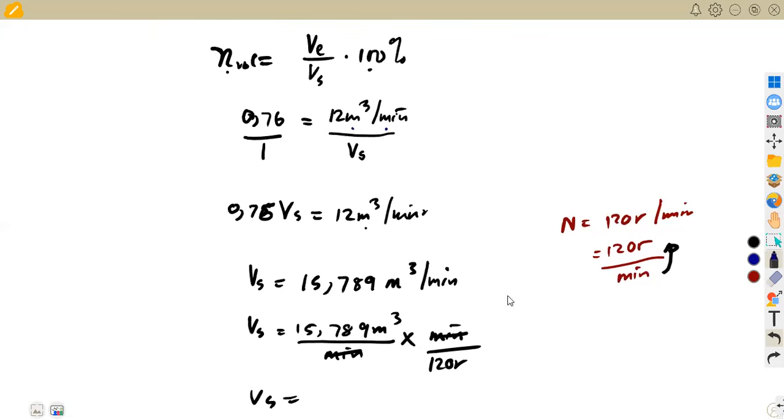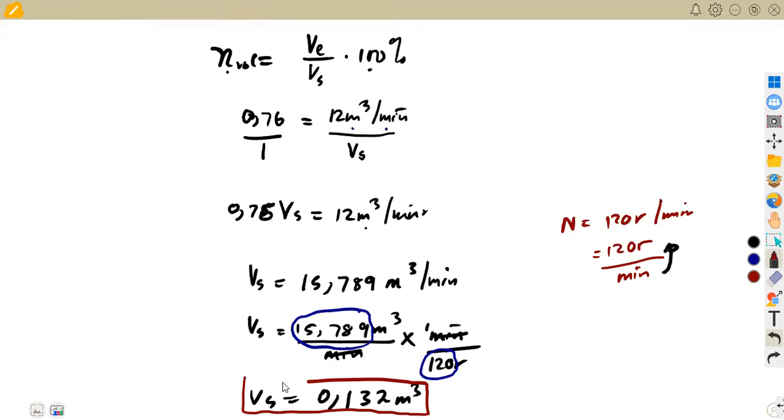We divide by 120 because here we've got this value divided by 120. So if we multiply by 1 over 120, we are going to obtain 0.13157 and so on, which is 0.132 in cubic meters per revolution, meaning to say per each cycle. So it means this is just a direct volume that you're going to take in cubic meters.